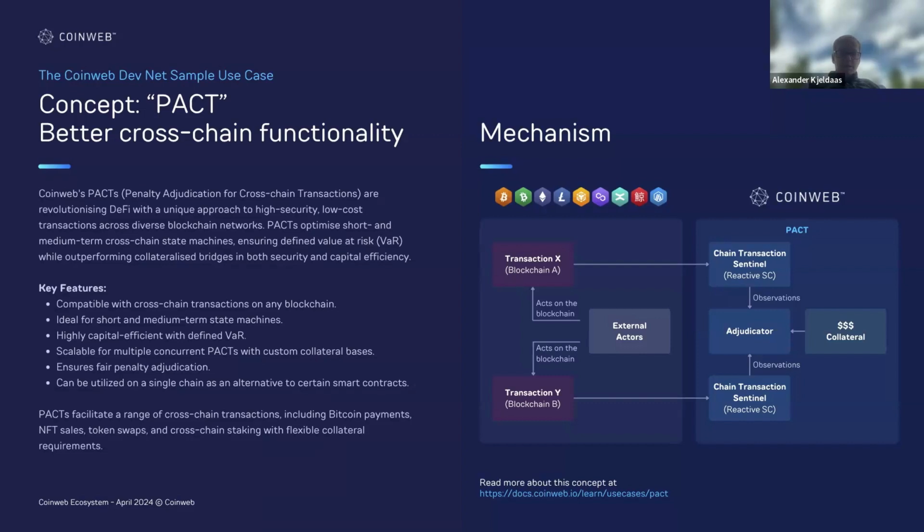Anton mentioned non-custodial staking. You can observe what is happening on L1s and issue reward tokens based on behavior. Not all of these require collateral. Some of the things I mentioned are more just reactive smart contracts. But a lot of these cross-chain issues where you have multiple external actors that need to do something, then the pacts are what you want to use. Next slide.